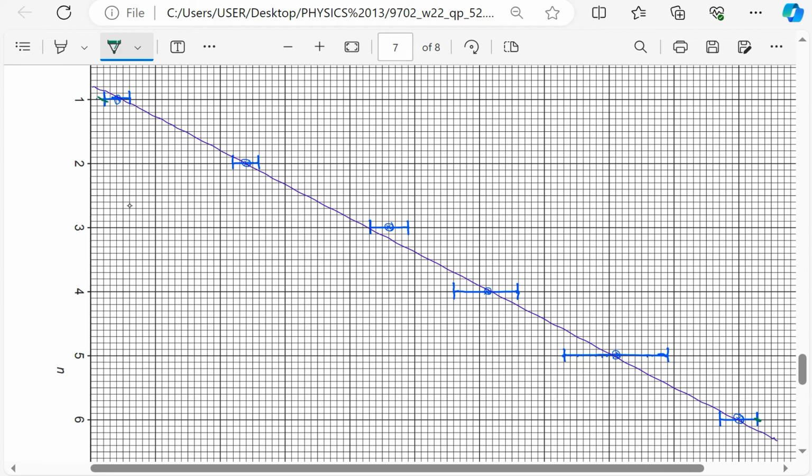When I do that, almost the third error bar from the bottom is almost not crossed, so I will have to adjust my line so that it crosses into this error bar, which is almost left out, which is the third at the bottom.